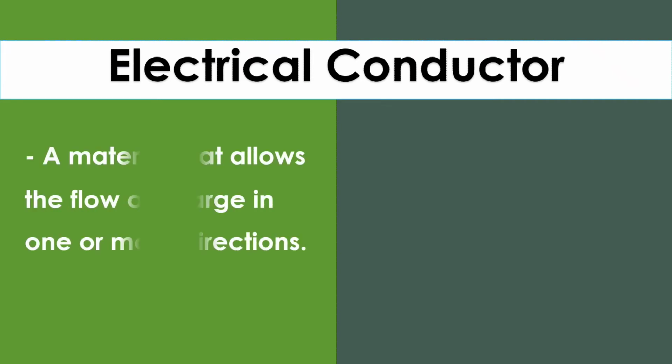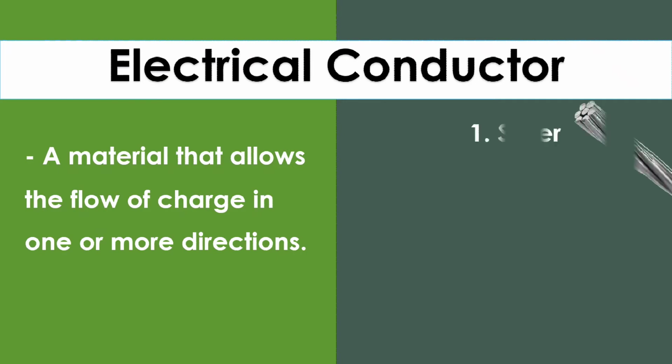When we say conductors, these are the materials that allow the flow of charge in one or more directions. So conductors are the materials that allow the electric current to pass through them. The first conductor is silver. Silver is the best conductor of electricity because it contains a higher number of movable atoms.